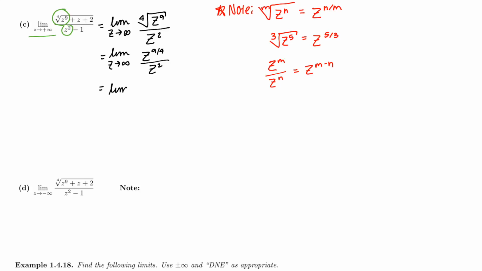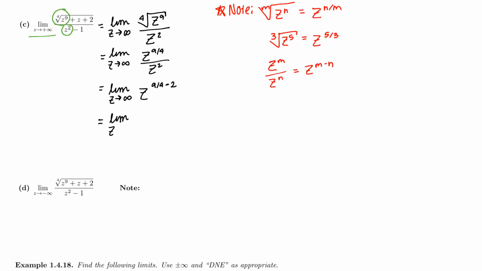So we have the limit as z approaches infinity of z to the 9/4 minus 2, so numerator exponent minus the denominator's exponent.